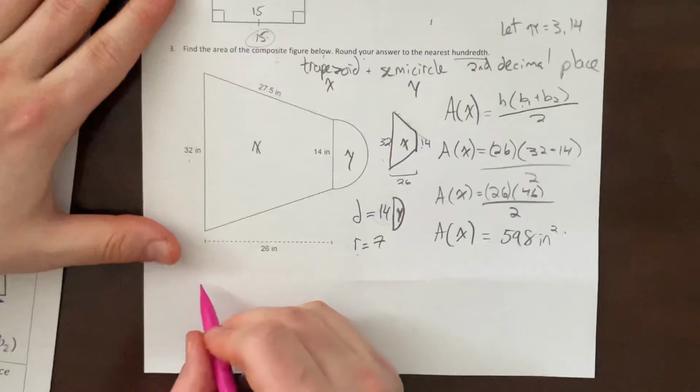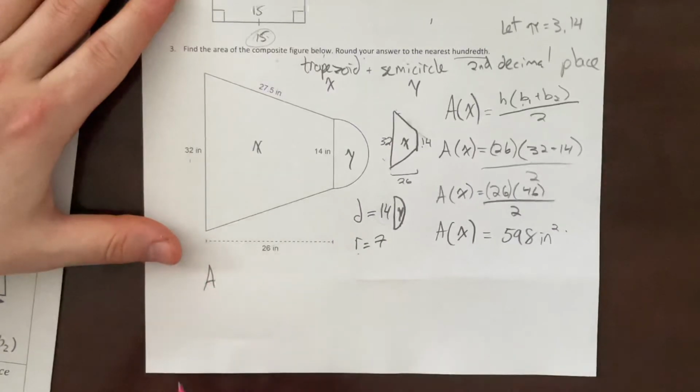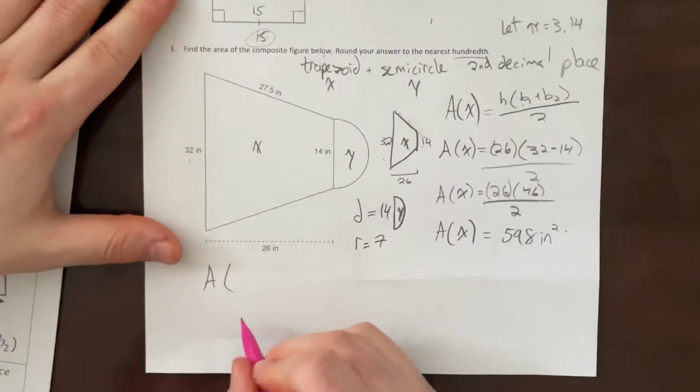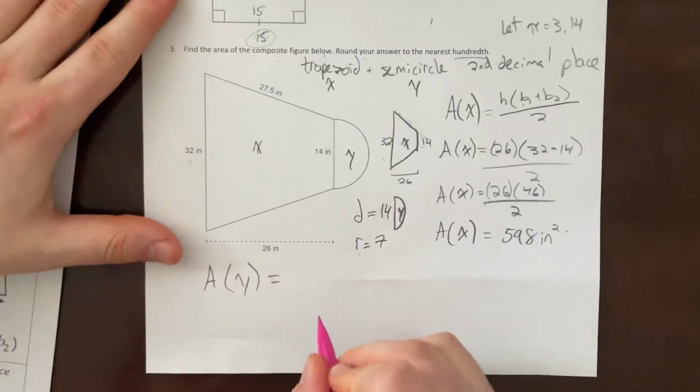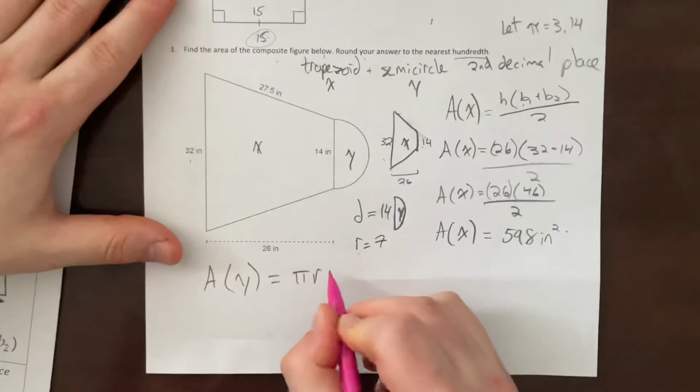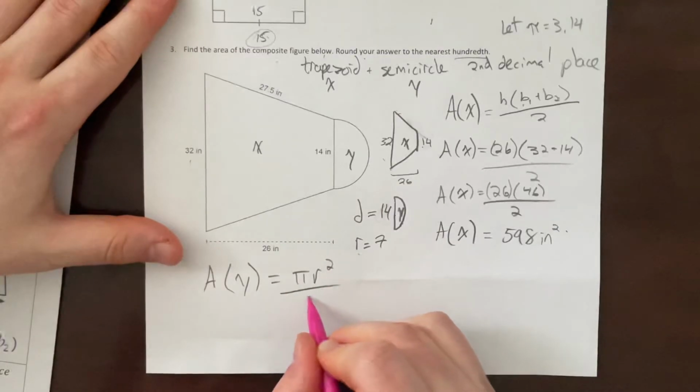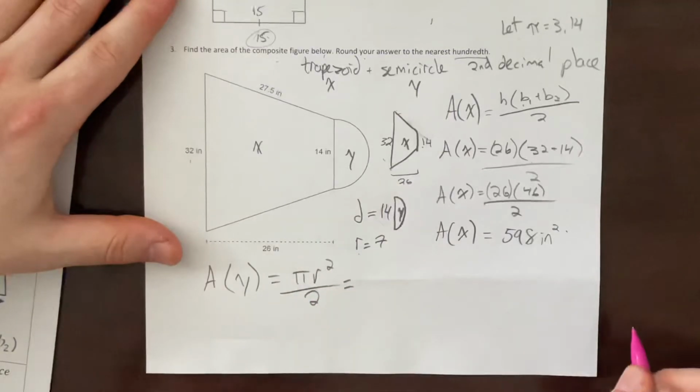Again, when you go to write that formula out, since we are talking about half of a circle, I'm going to say pi r squared, and we're going to say divided by 2 since we have half of a circle.